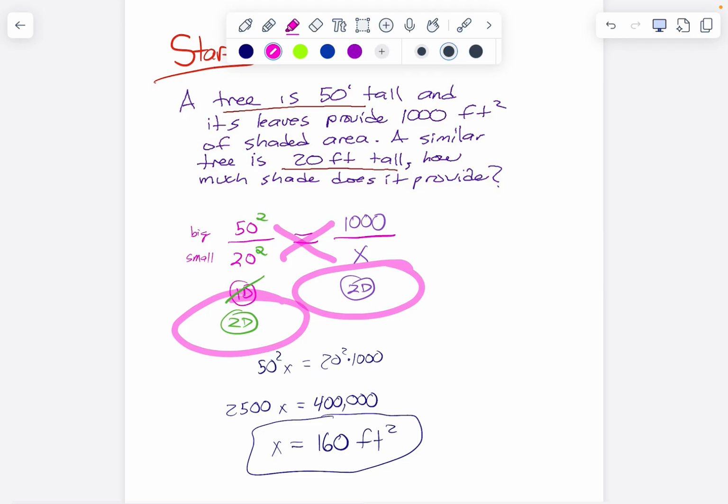Now, how do you know when to do that? Because it's not like every problem requires us to label 1D or 2D. In fact, we've solved a lot of proportions to this point in the unit and never done that. So can anybody give me a description of when you know you should label?